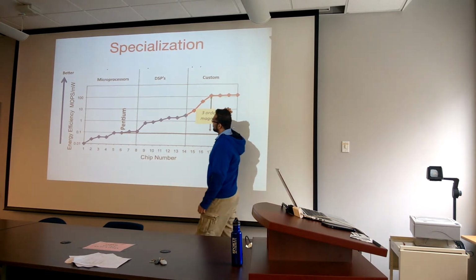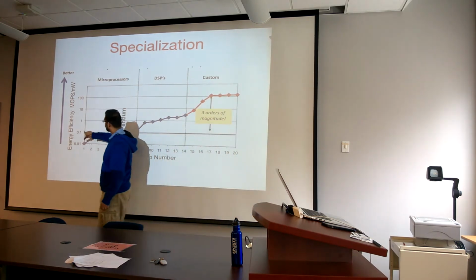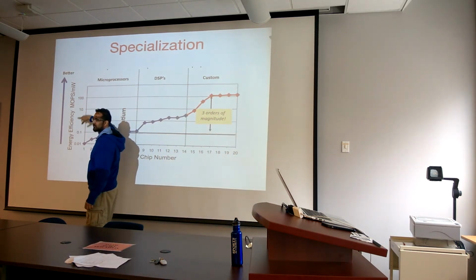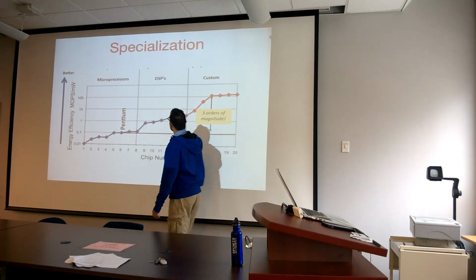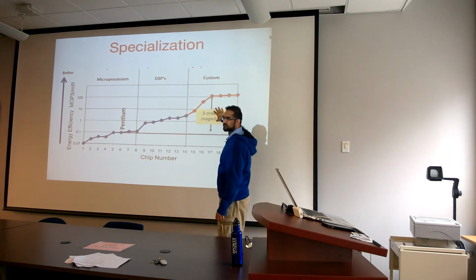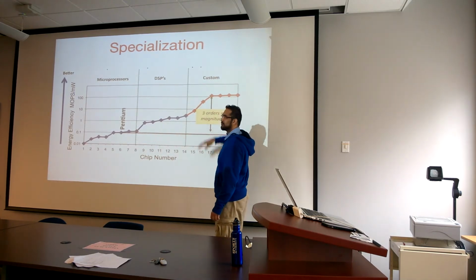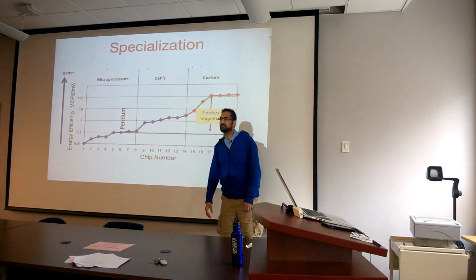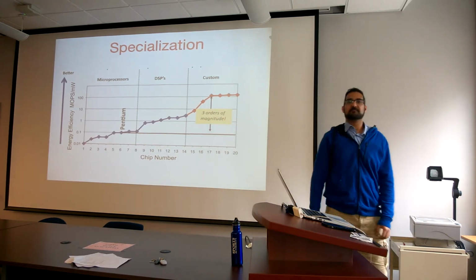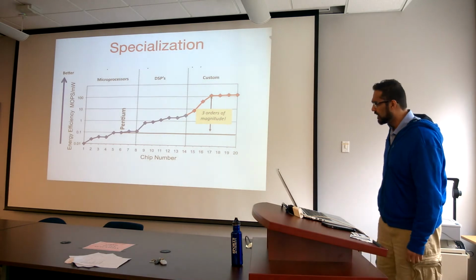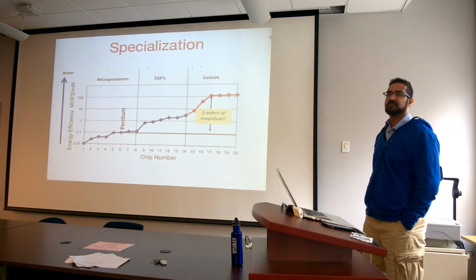Right? And so if you look at it, and this is again a logarithmic curve. If you look at the movement from fully programmable to fully custom, right? There's probably 2 orders or 3 orders of magnitude of efficiency left there, right? And this is where a lot of people attack this problem. So essentially, let's try to specialize, right?